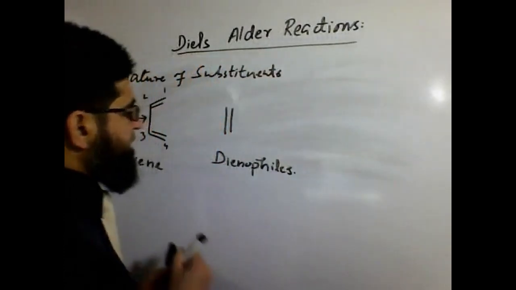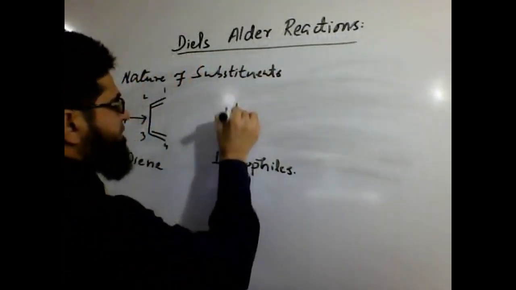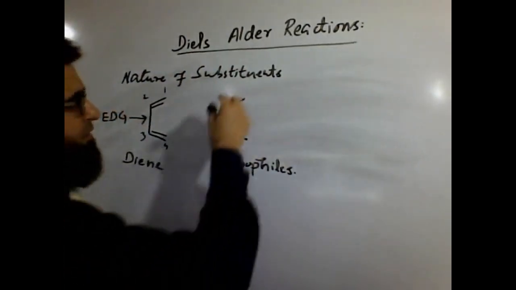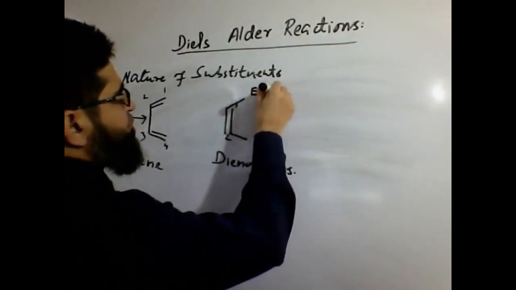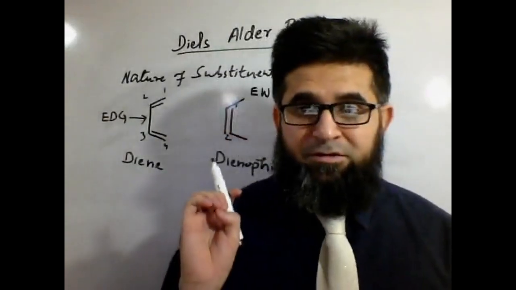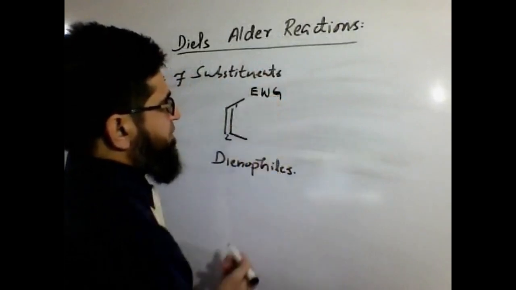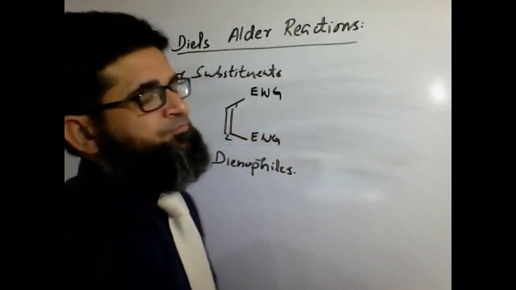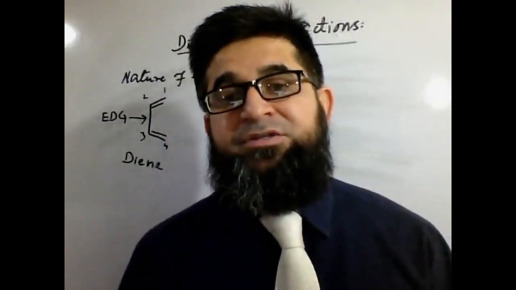On the other hand, dienophiles carry 2 carbons, carbon 1 and carbon 2, so substituents can be present at these carbons. These substituents are supposed to be electron withdrawing groups. If the dienophile carries electron withdrawing groups, they are going to participate in the reaction at a faster pace.